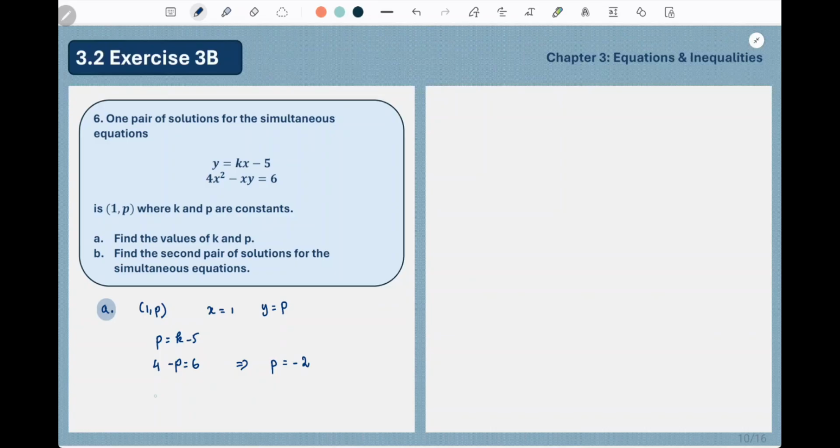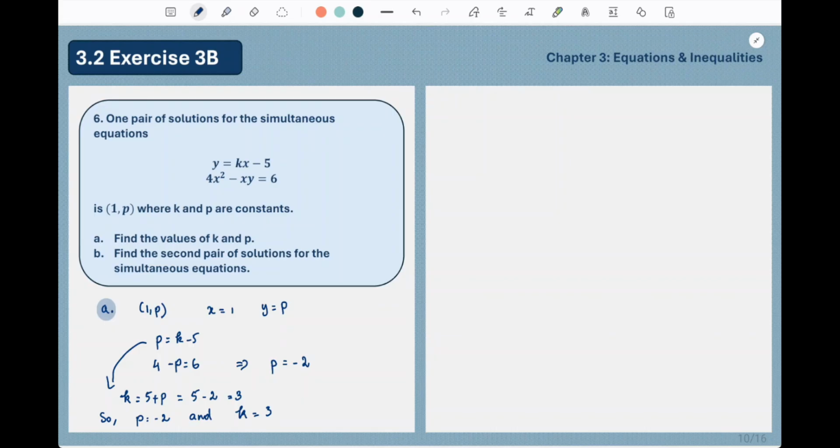So k is 5 plus p from that one. 5 plus p, so 5 minus 2, which is 3. So p is equal to minus 2 and k is equal to 3.